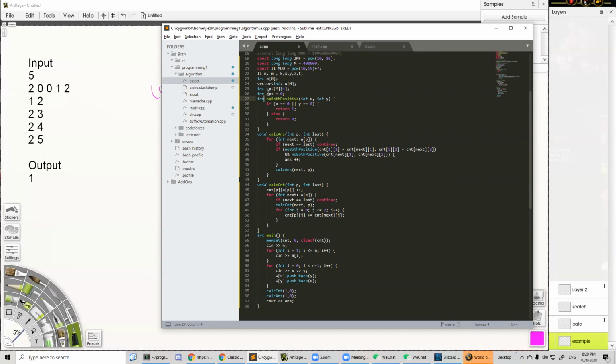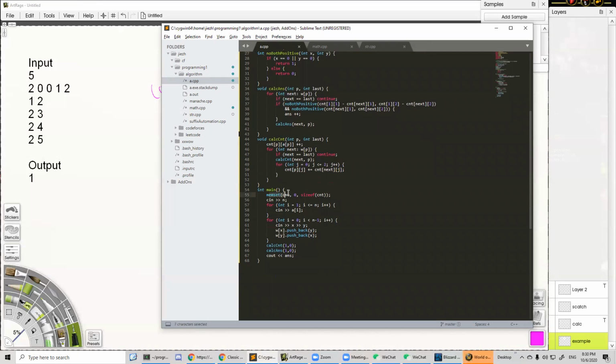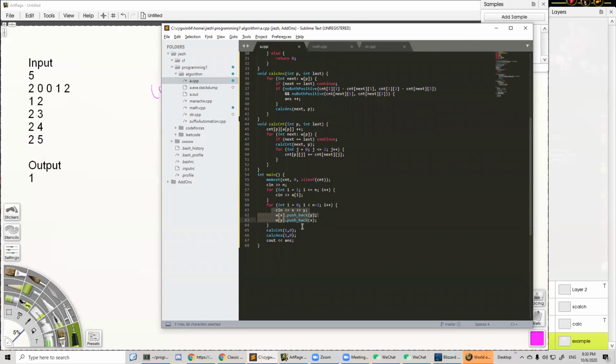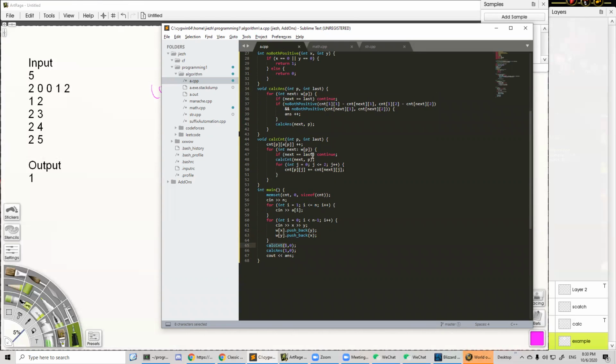That's a little function we are going to use in the program. And for the main function, first we are going to read how many nodes, read the colors, and read the edges. And we are going to count all of those subtrees.